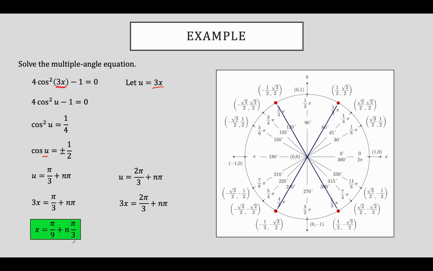And my other solution is x is equal to 2 pi over 9 plus n times pi over 3. All right, that is how we go about solving multiple angle equations. Again, multiple angle equations just means we have multiplication of a value inside of our trig function. To do so, we use our u substitution.